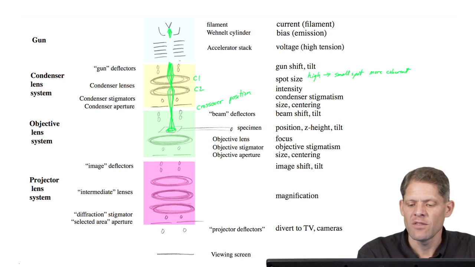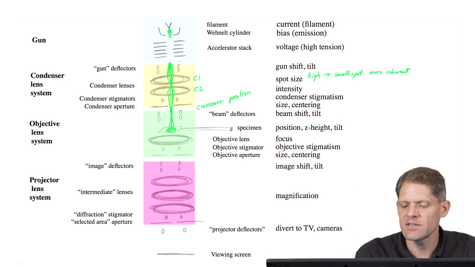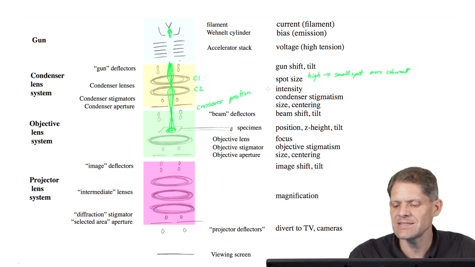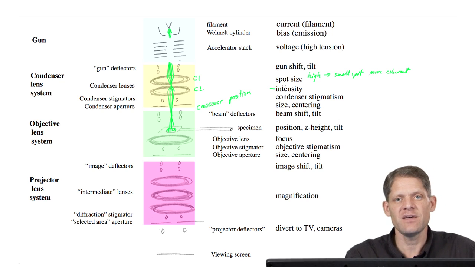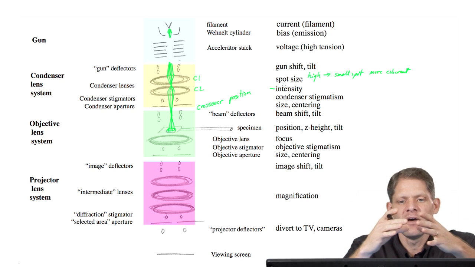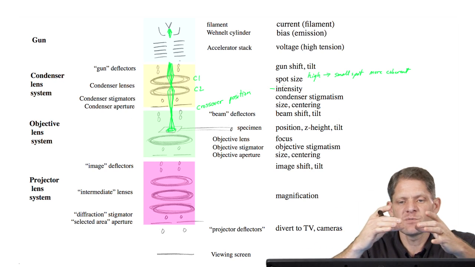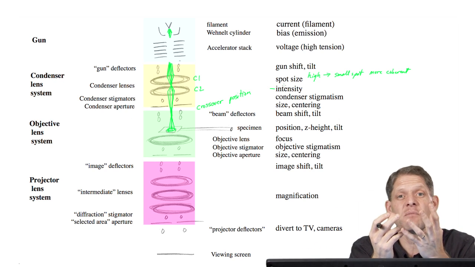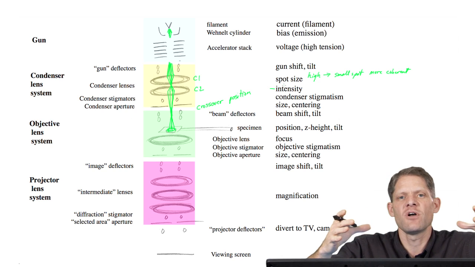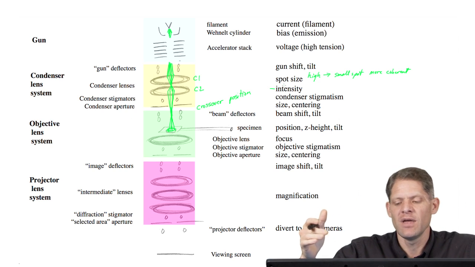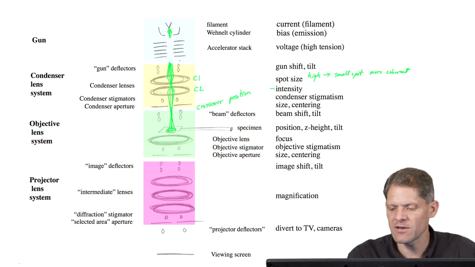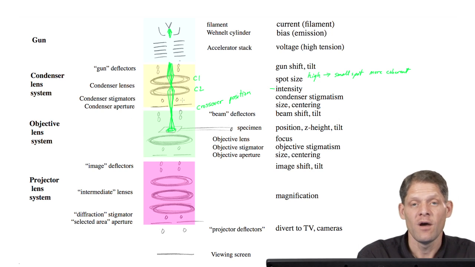Because of this, the current in the C2 lens, the knob there, is called intensity because it dramatically affects the intensity of the beam that you see on the sample. When you focus the spot to a small spot, it's very bright. When you spread it out into a large area, it looks very dim. And so they've named that knob intensity.